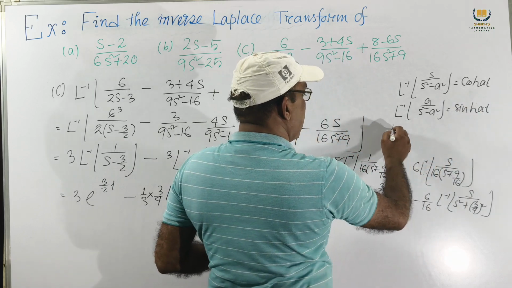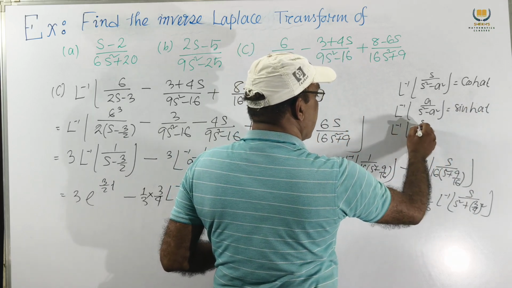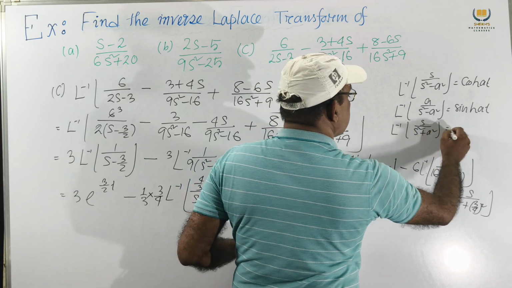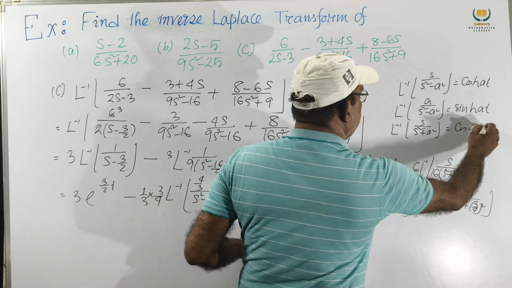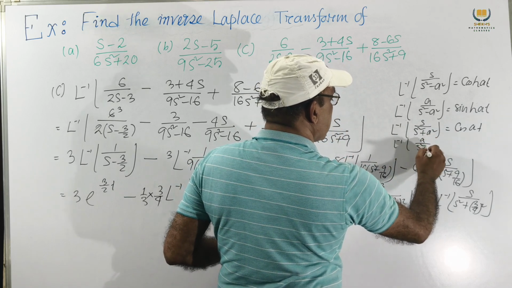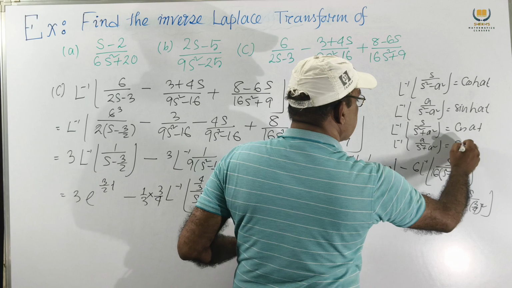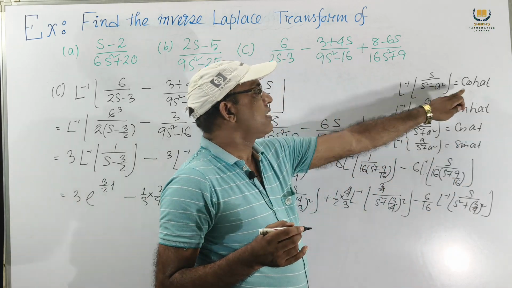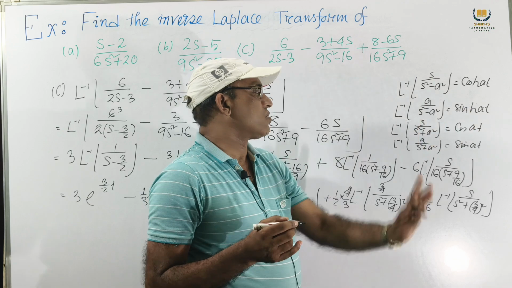Then L inverse of s by s square plus a square is cos at. L inverse of a by s square plus a square is sine at. If it is minus, then hyperbolic. If it is plus, then we get direct cosine and sine.